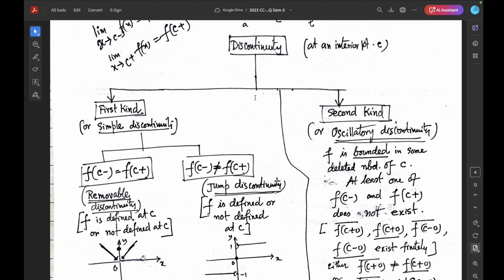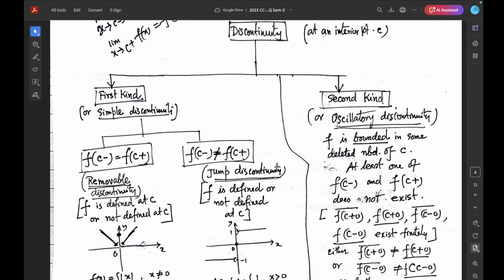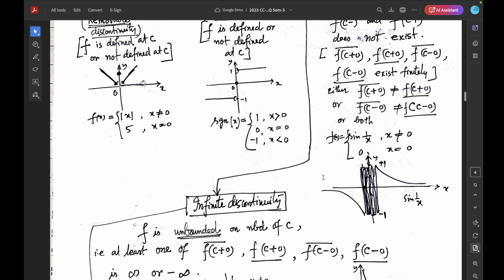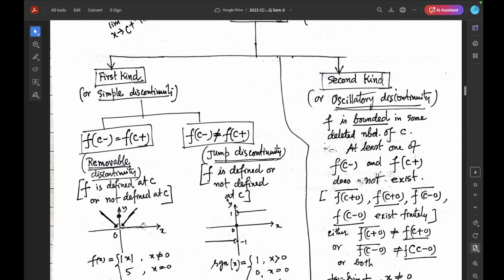There are three types of discontinuity: first kind discontinuity, second kind discontinuity or oscillatory discontinuity, and infinite discontinuity.